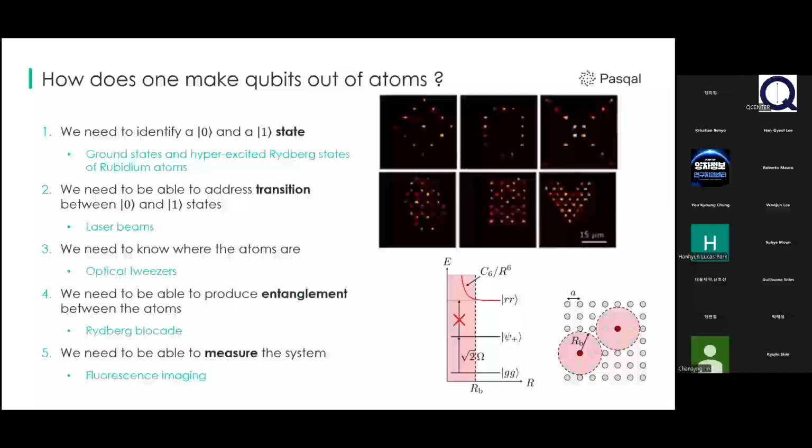So it's limited by how far you are exciting your outer electron layer, which orbital you're reaching for the Rydberg state itself in order to carry out the entanglement. This gives you an interaction radius within which atoms can interact with each other. So it is a one-to-many or many-to-many type interaction, but it's not an all-to-all interaction. Currently, it is only with trapped ion type systems that you can carry out all-to-all interactions.